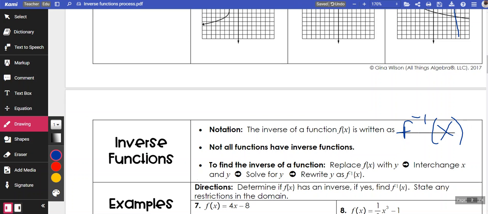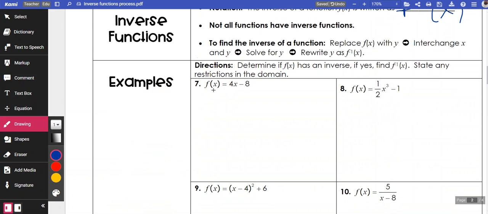Now, here's the crazy thing. Not all functions have inverses. Sometimes you have to tweak it a little bit. Like if we look at this guy, f of x equals 4x minus 8. If I want to find its inverse, I literally trade places. f of x is the same as y, so I retrade places with x and y. And now we solve this for the letter y.